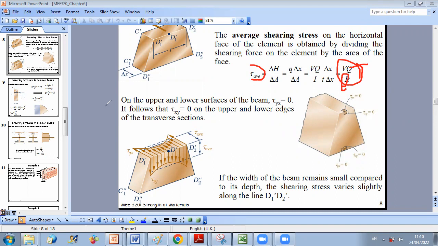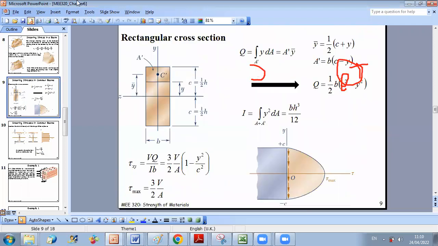So let's say you have the following figure and you want to determine the shear stress at a certain location created by shear. We have seen together that the top and bottom levels are characterized by Q equals 0, because the first moment of area will be 0, since I don't have any area above this point.